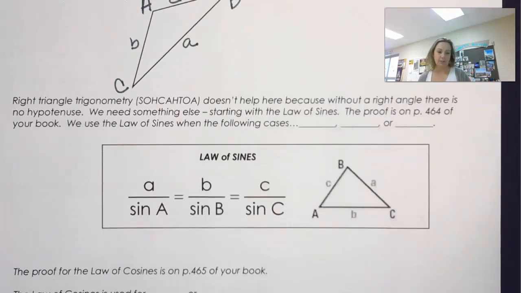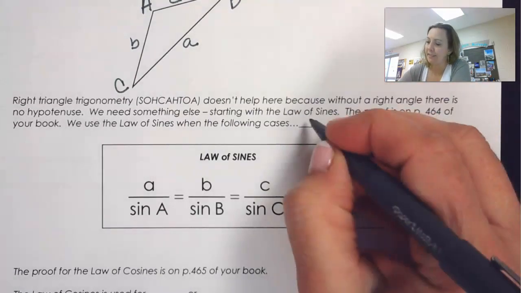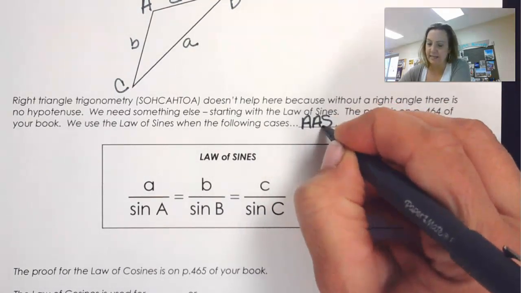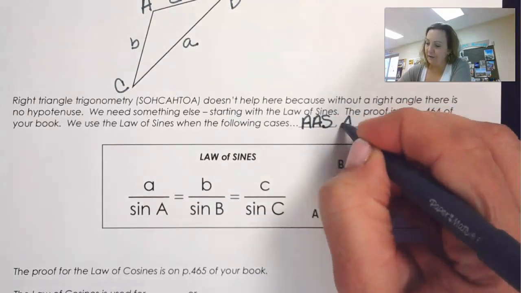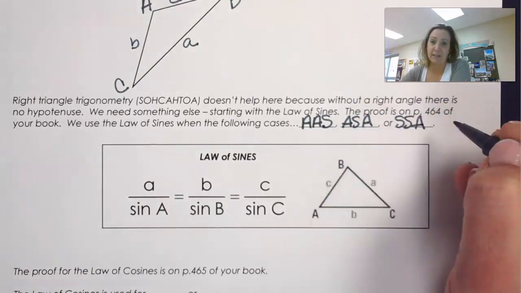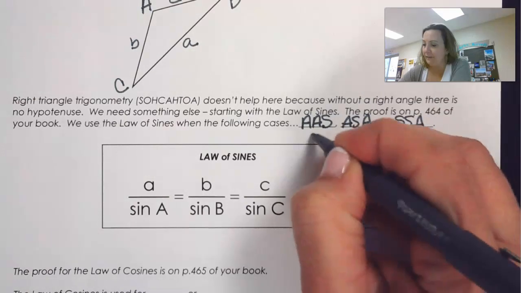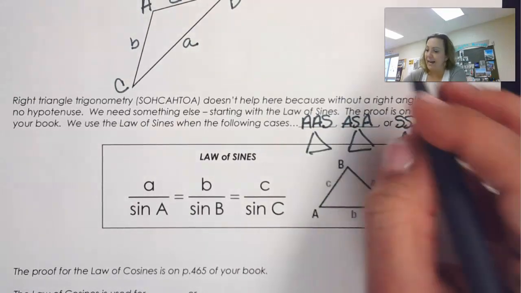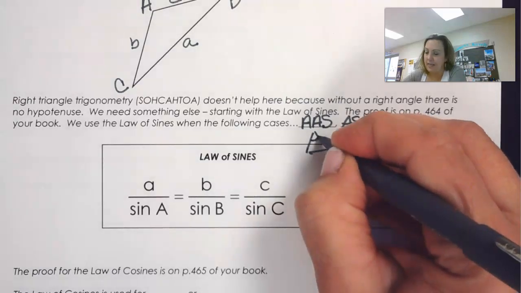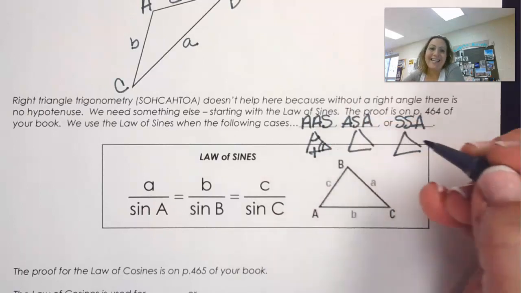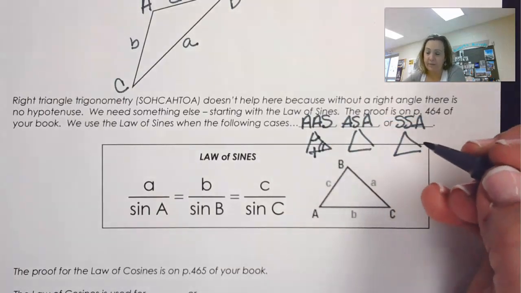And we're able to use the law of sines in the following cases. We're able to use the law of sines if we have angle, angle, side, if we have angle, side, angle, or side, side, angle. And what I mean about that is that if we have triangles that have an angle, another angle, and then a side that's not between those angles.